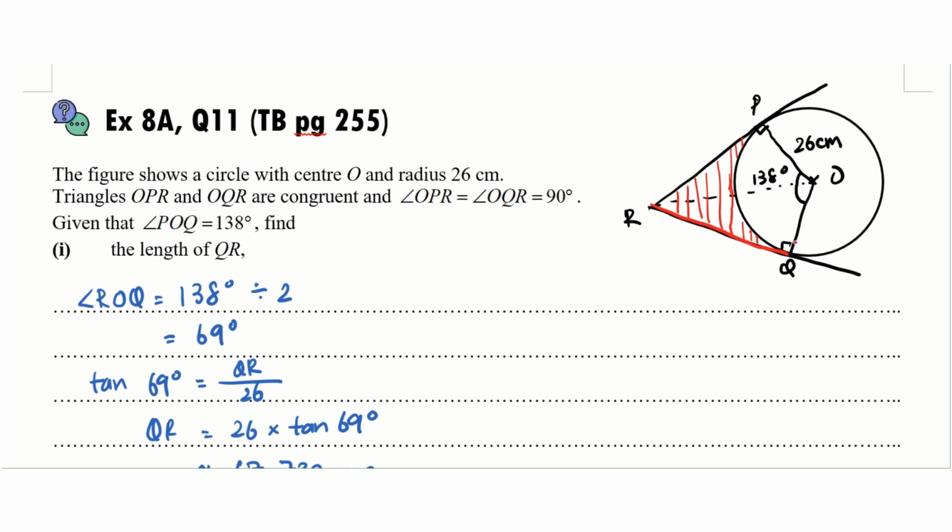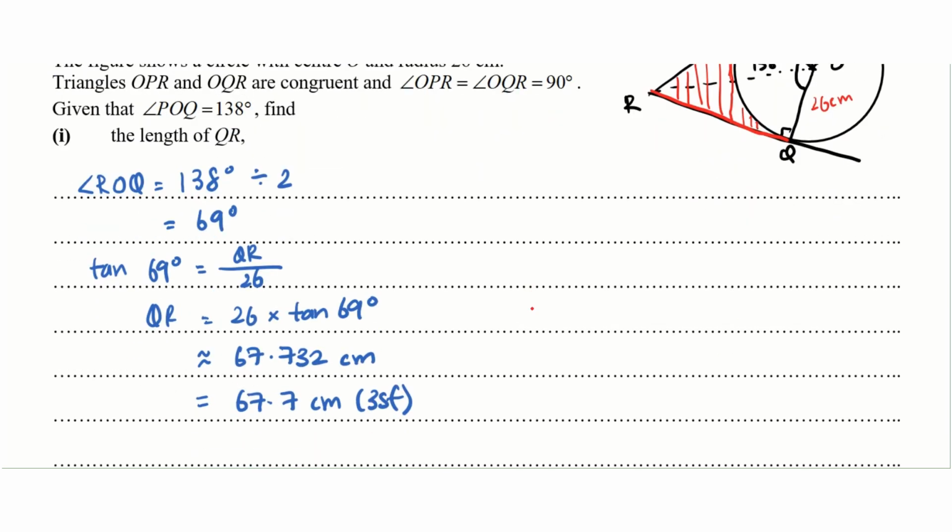Then, because there is a right angle at Q, triangle OQR is a right angle triangle, and hence we can apply SOH CAH TOA and get tan 69 equals QR over 26, because OQ is 26 cm since it is also the radius of the circle. So QR will be 67.7 cm when rounded to 3 significant figures.